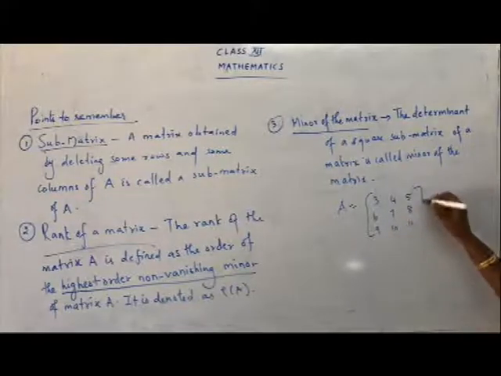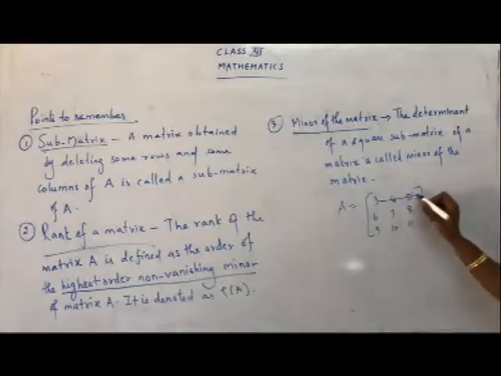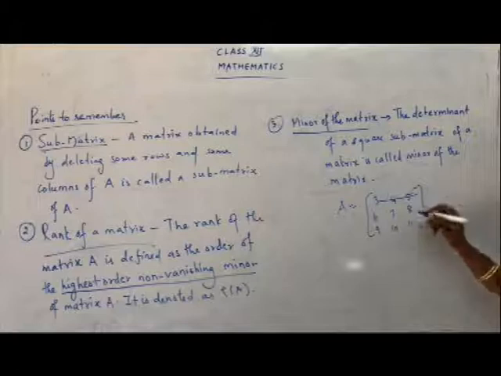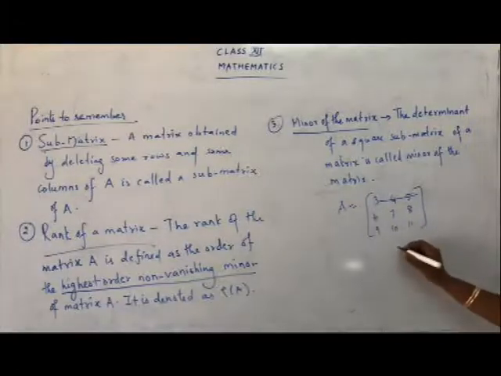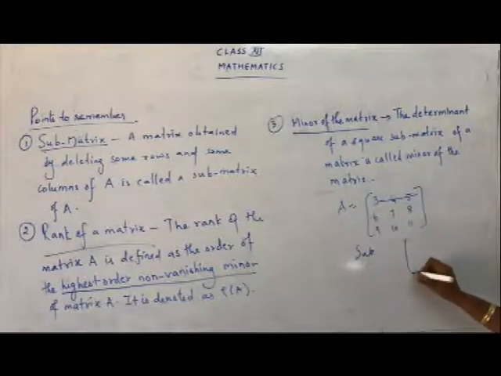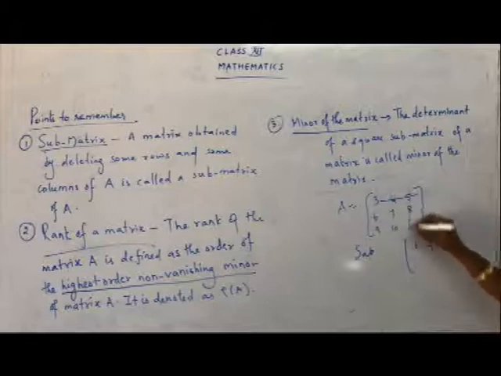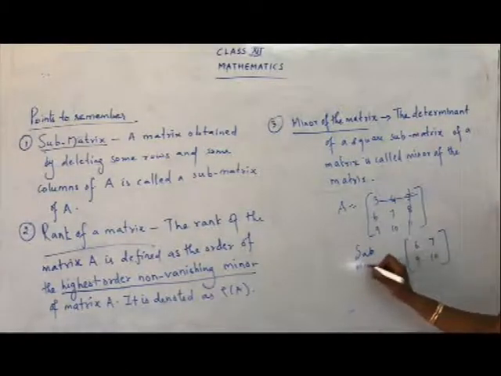Deleting some row and some column gives you a submatrix. So the submatrix is 6, 7, 9, 10. This is a submatrix of A.